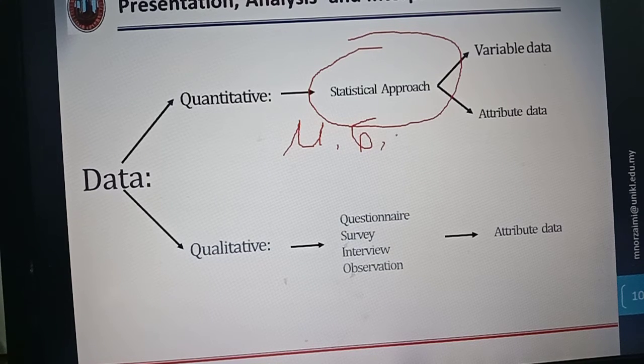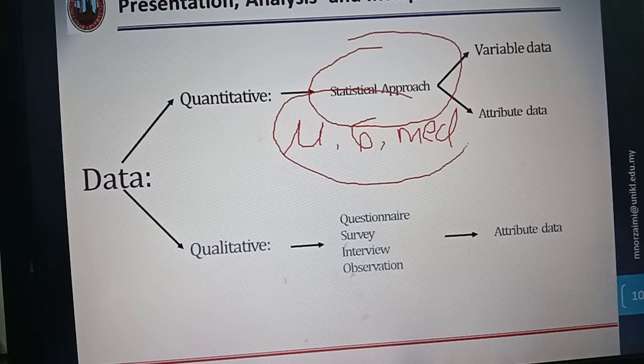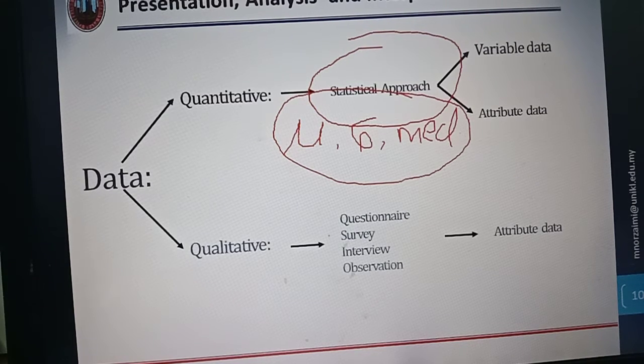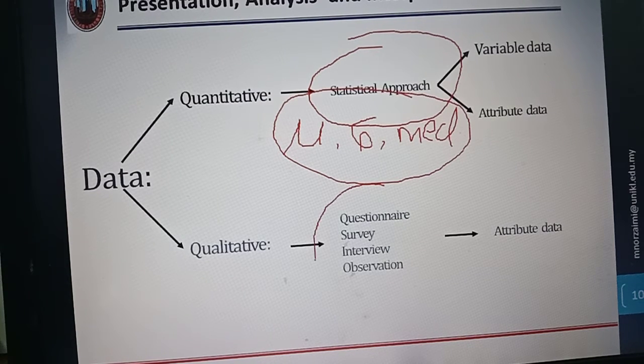Talking about the mean, the median, the mode. Okay, so this is the category of statistical analysis, and the other method is qualitative. So qualitative is where some students use questionnaires, surveys, interviews or observation. So this is the qualitative.